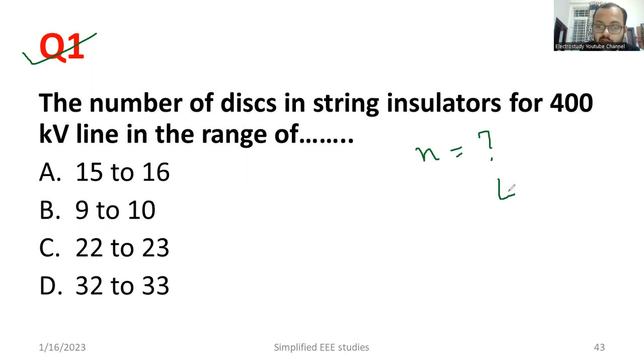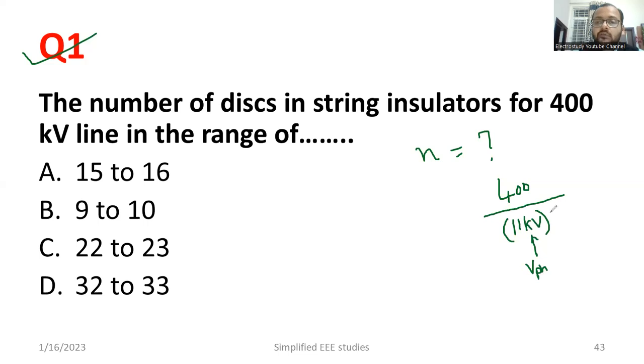We have the voltage level of 400 kV divided by the voltage of that particular disc. As a thumb rule, for a disc insulator you need one disc which has a voltage level of 11 kV. So 400 divided by 11 kV. Remember one point: that 11 kV is in terms of phase voltage, V phase.